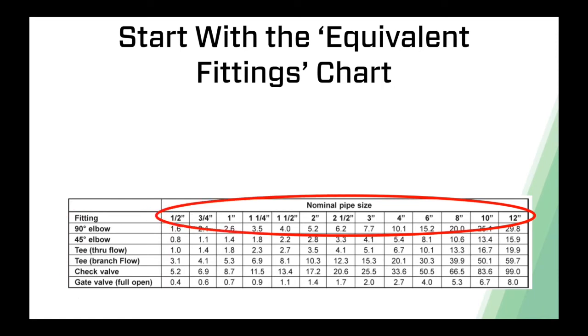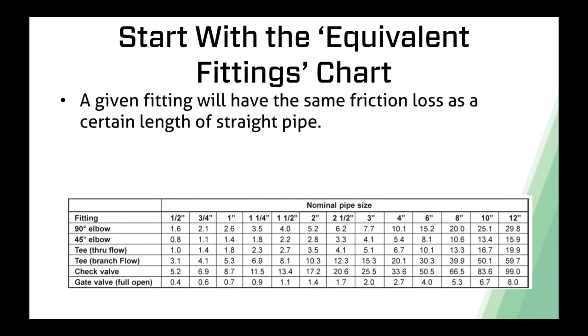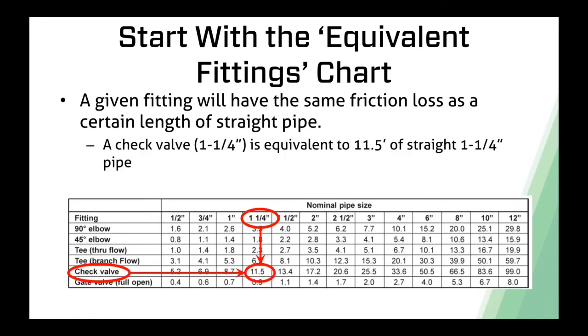For a given fitting, there is a value in the chart. For instance, let's say that we've got a check valve that's 1 1/4 inches. If we come down from 1 1/4 inches and over from a check valve, we're going to find a value of 11.5. What that value is saying is that there is enough friction loss in a single check valve to be equivalent to 11.5 feet of straight pipe.